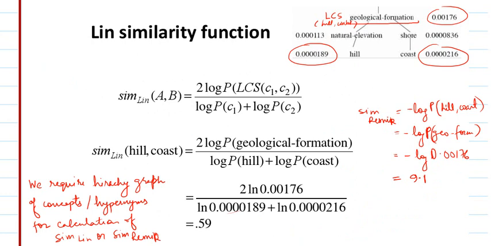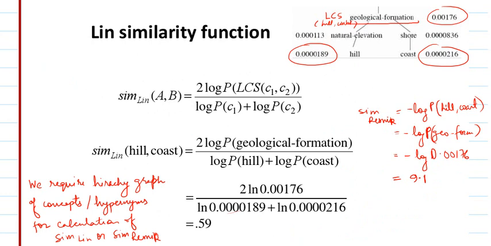So we require the graph or some kind of hypernym relationships that can be defined between the different concepts in order to calculate the similarity given by Lin and Resnik.